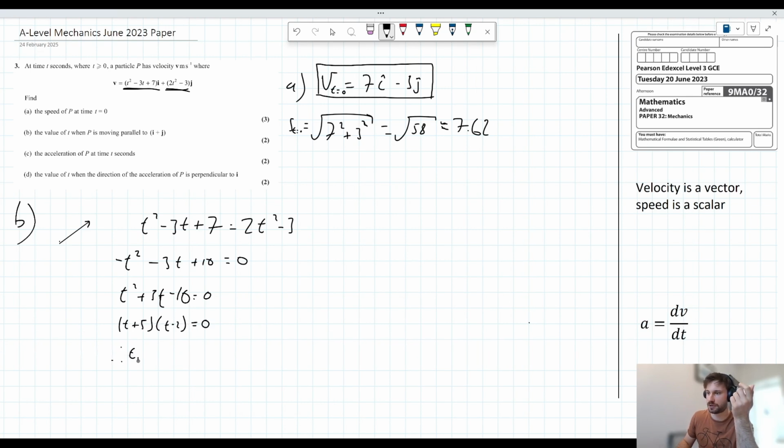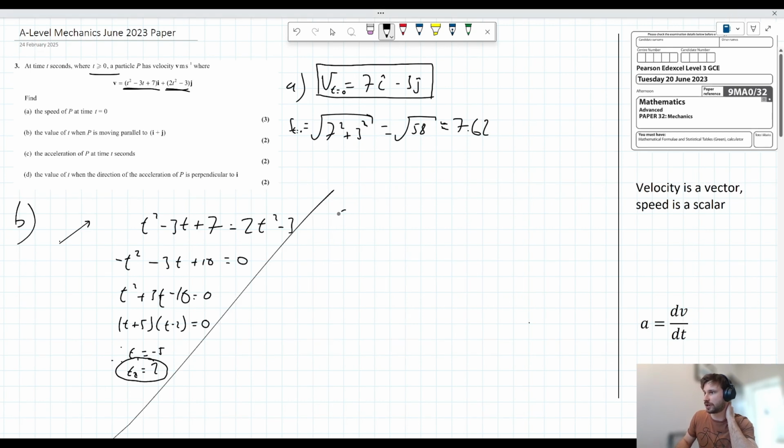Therefore, we have one value of t of minus 5 and another value of t of 2. Now, since t is greater than or equal to 0, as stated in the problem, we can say that t is equal to 2 here. Okay, cool. And that's the answer to our part B.